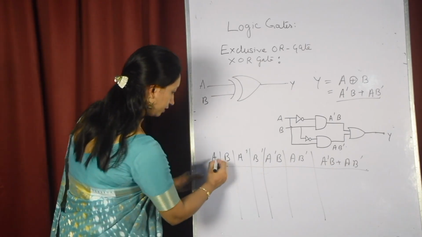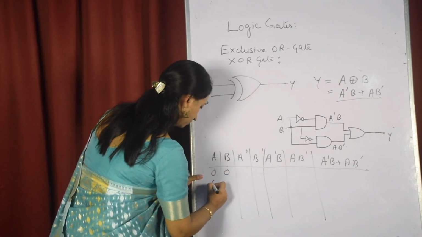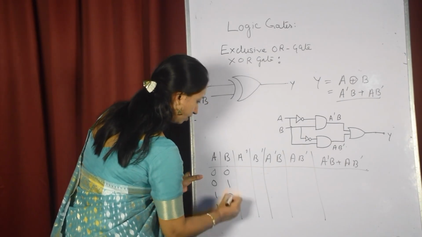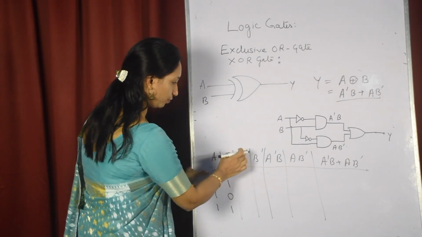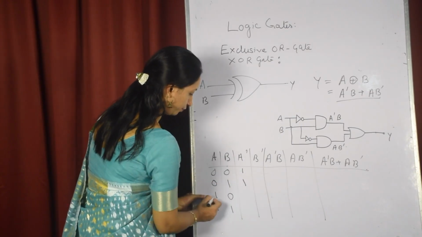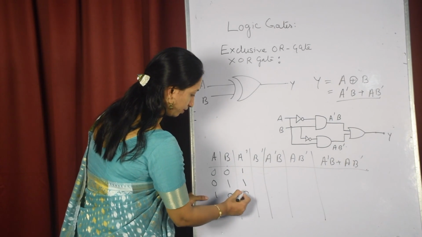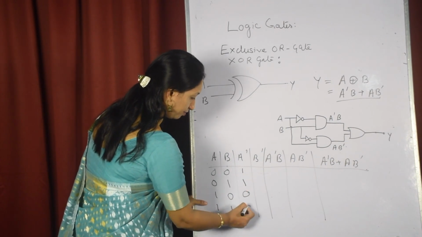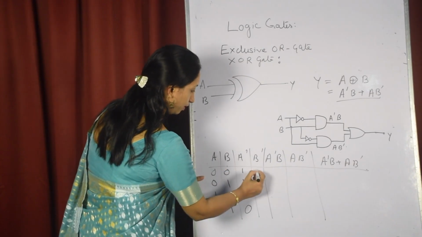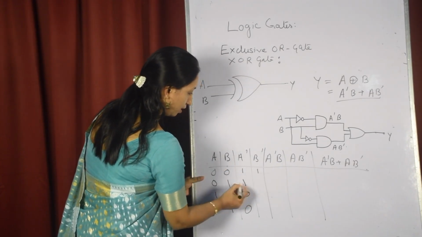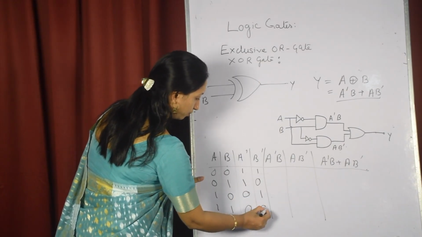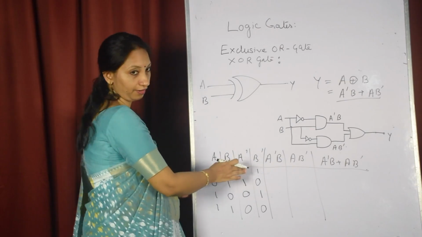So first A B is 0 0, 0 1, 1 0, then 1 1. When A is 0, A bar will be 1. Here 1, so A bar is 0. Next B bar, so B is 0, so B bar will be 1. Here 1, so it will be 0, 1, 0. So this is the value of B bar.